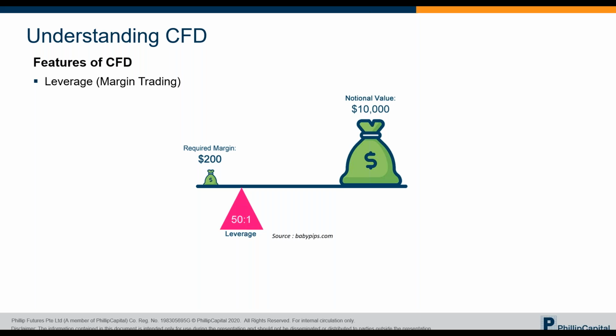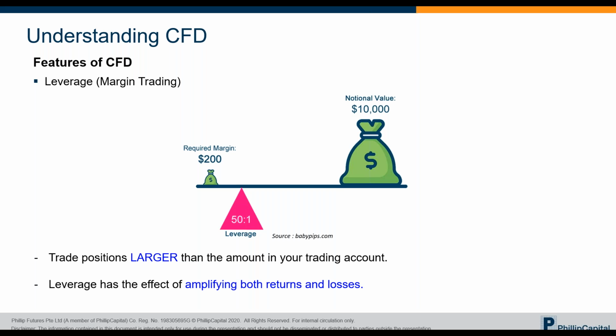So if you are using $200 to control a contract size that's worth $10,000, effectively you are leveraging 50 times. However, it's important to note that leverage can amplify your profits, but it can also amplify your losses. So this is kind of like a double-edged sword.